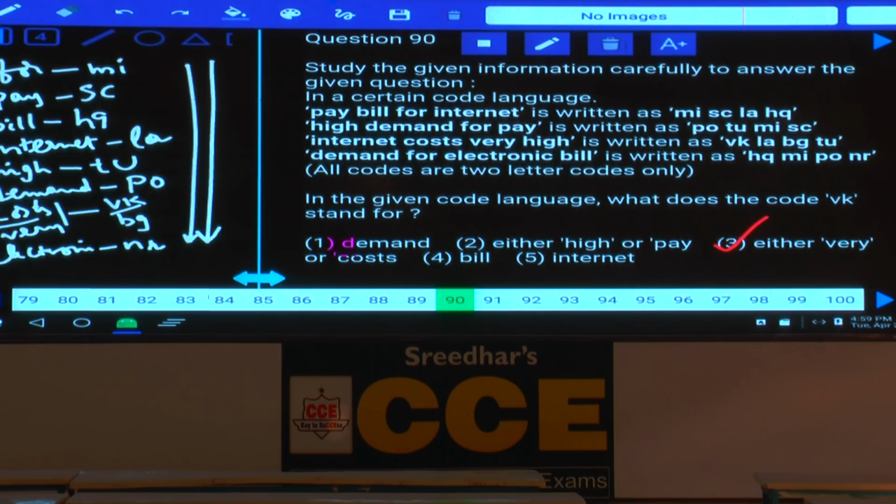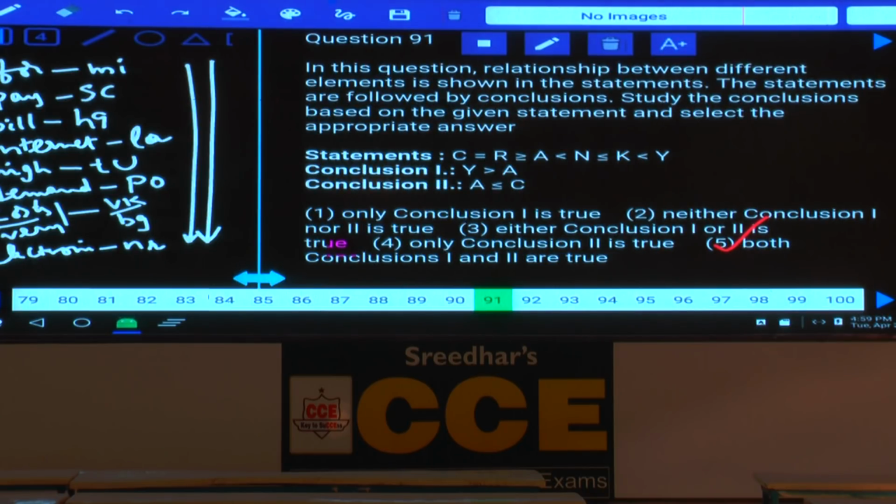Then 91 to 95. Yes, what is given in this 91 to 95? Now these 5 are based on coded inequalities.